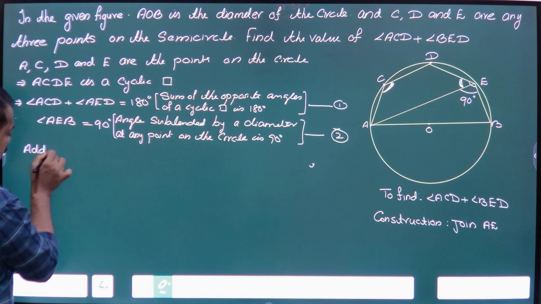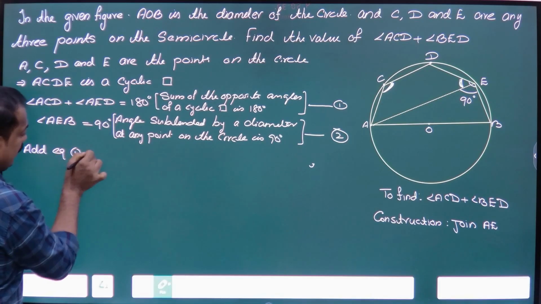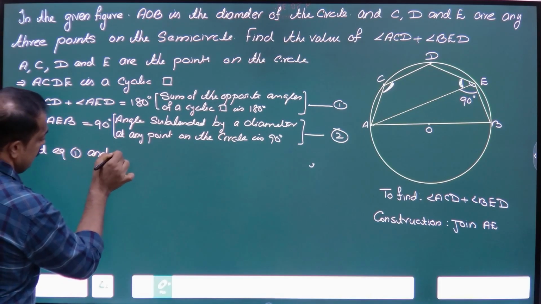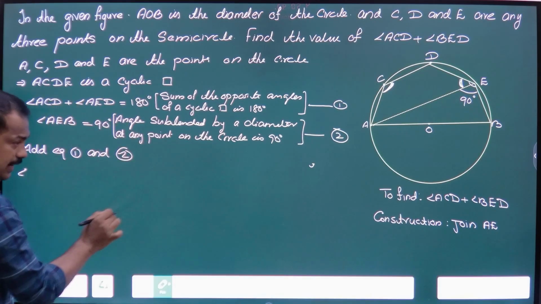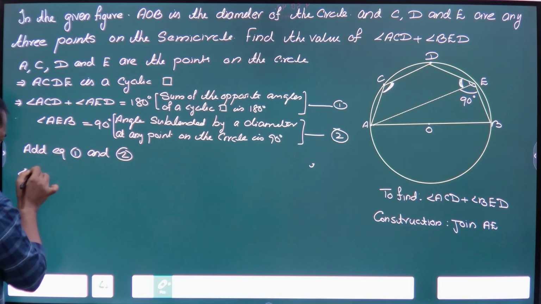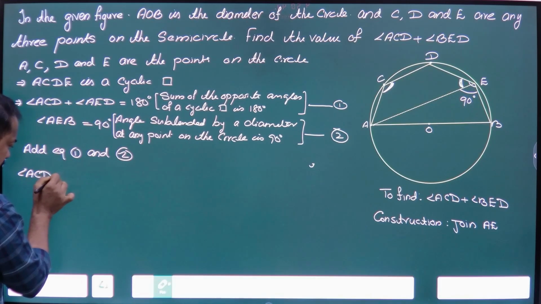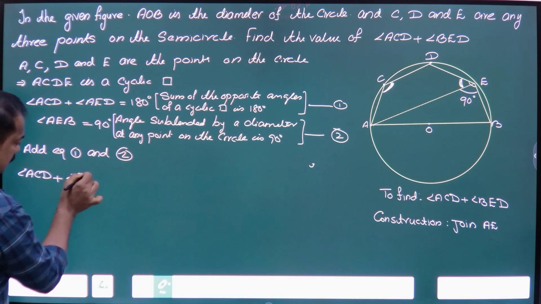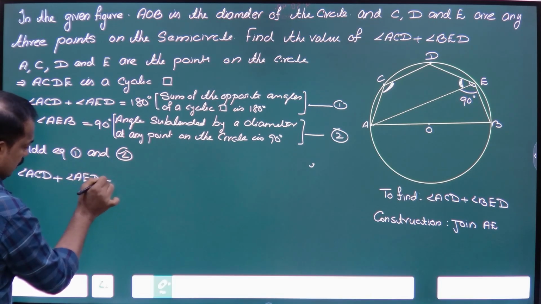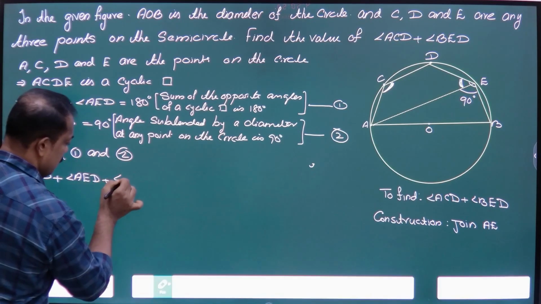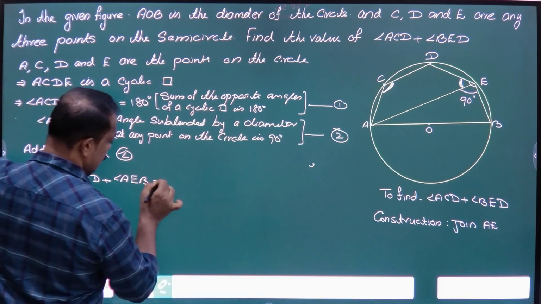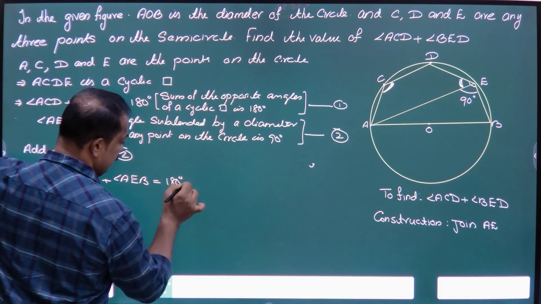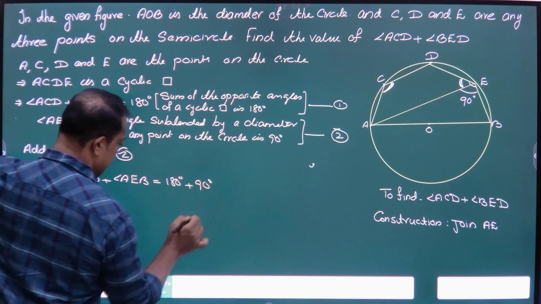Add the left-hand sides and the right-hand sides. Left-hand side: angle ACD plus, in the second equation, angle AEB, equal to the right-hand side, 180 plus 90.